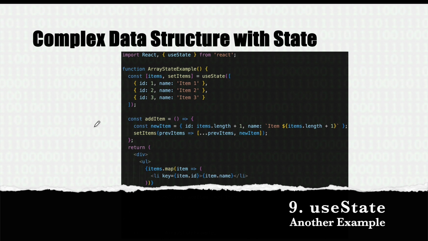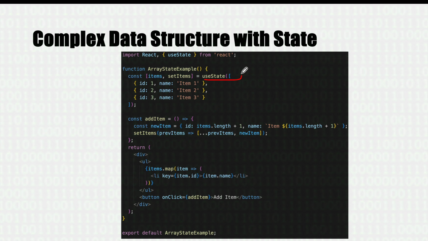We had already seen useState previously. Now this is the same thing, but what we are seeing here is a complex data structure. These three are the initial items. When we do this, items is initialized by these three things. Now I want to create an anonymous function called add item.